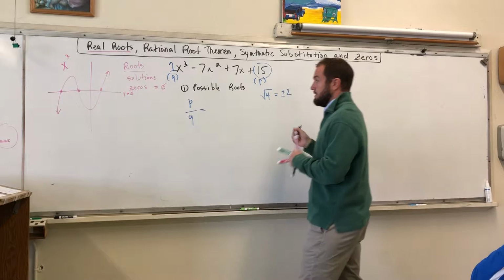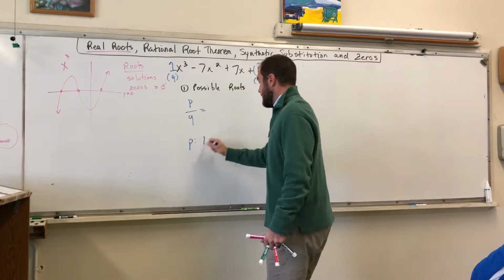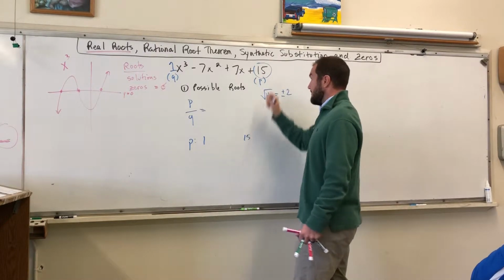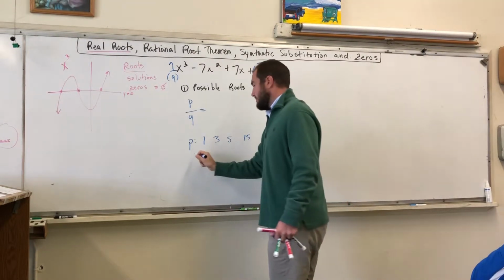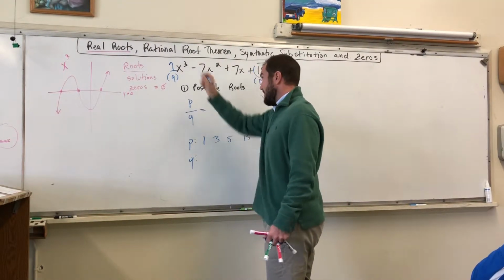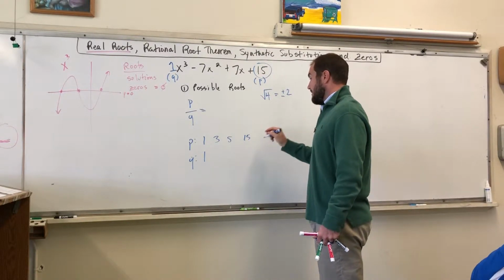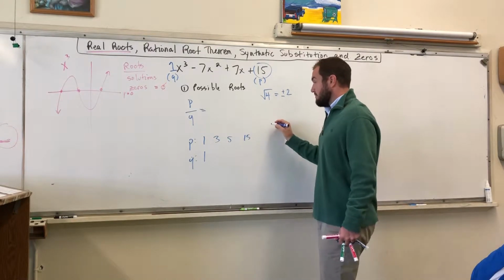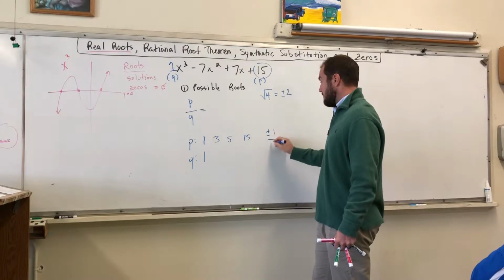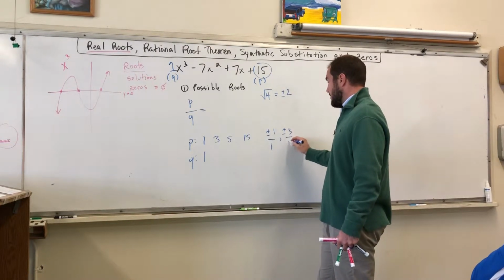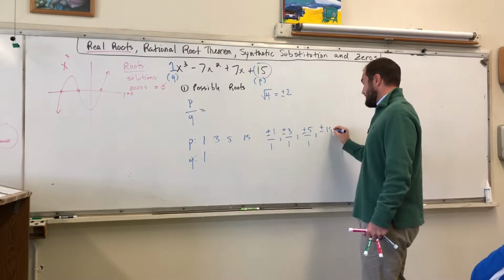And what you also need to be doing is looking at the factors. Meaning, for P, 1 and 15, 1 times 15 gives me 15, 3, and 5. And now my factors for Q, or my leading coefficient, is just 1. Now, what you want to do is come up with possible roots by dividing P over Q. So basically, plus minus 1 over 1, plus minus 3 over 1, plus minus 5 over 1, plus minus 15 over 1.